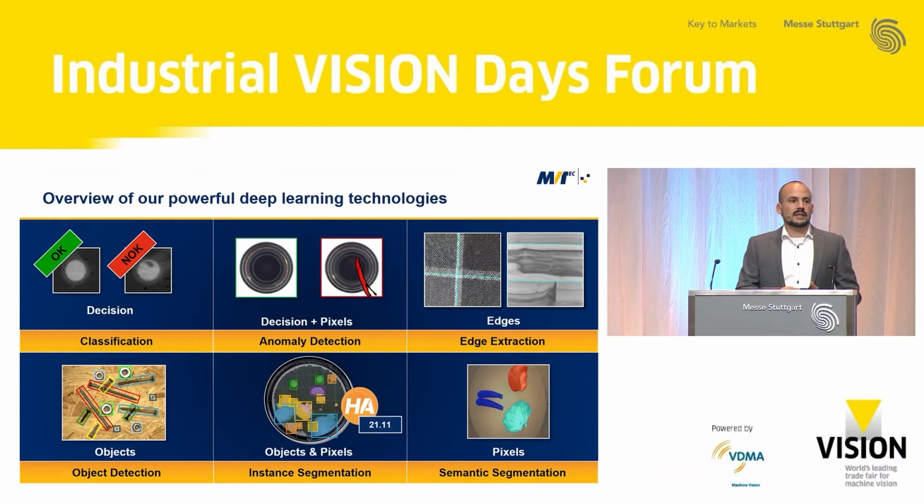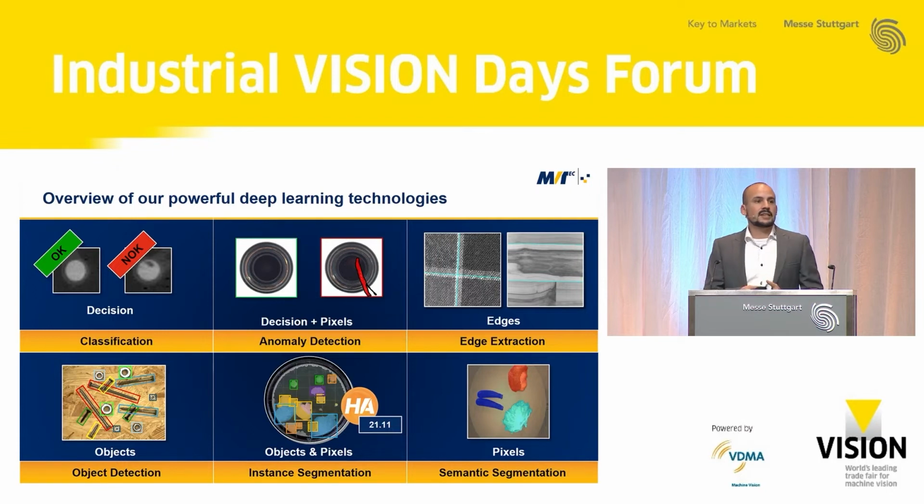In our software products, we provide all deep learning technologies that are necessary for typical machine vision applications. It's image classification to get a decision for one complete image. We have object detection algorithms to detect objects inside an image.